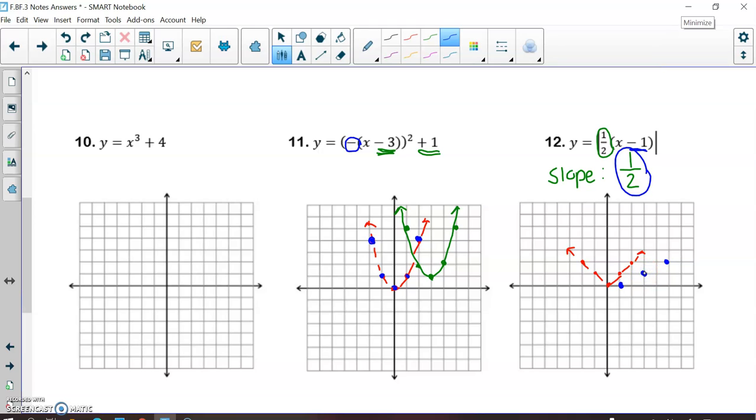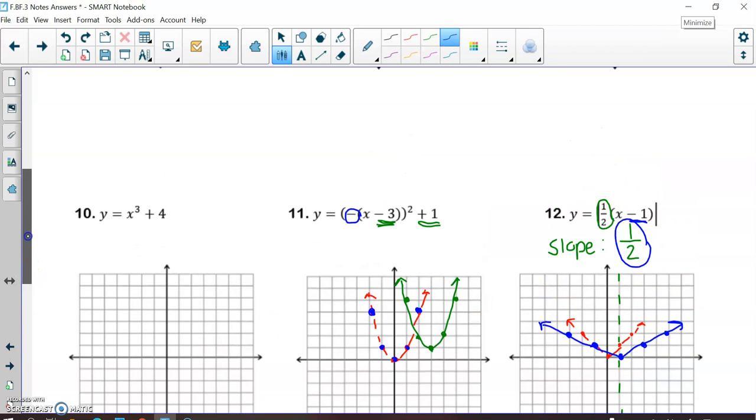And with an absolute value graph, you do have an axis of symmetry running through your vertex. So reflecting my 2 points over, I wind up with a point here, and a point here. And this is what your new graph looks like. You are more than welcome to erase your parent function after you graph it, but I have not been.